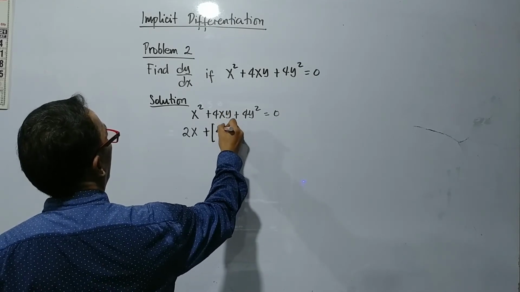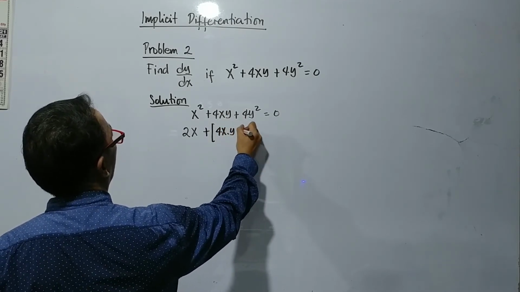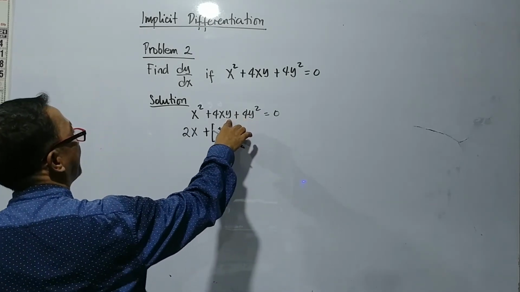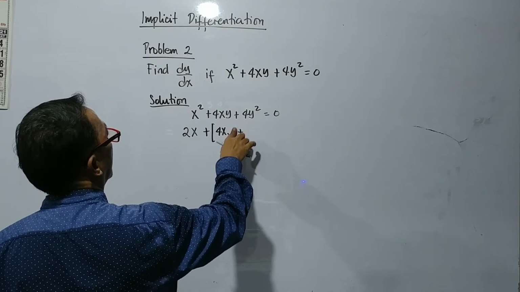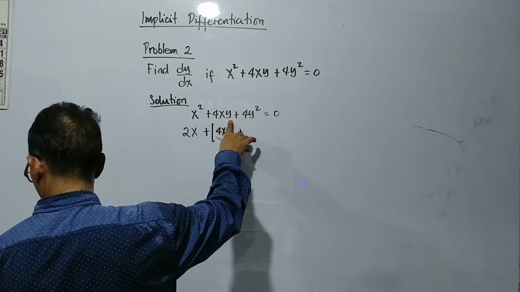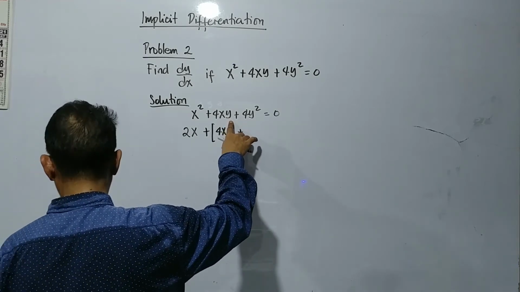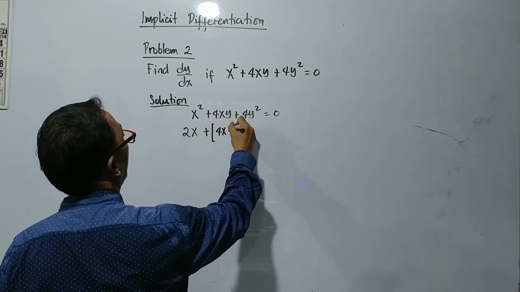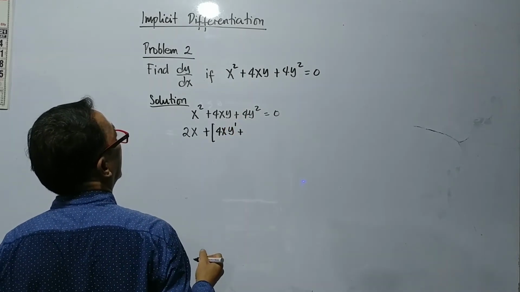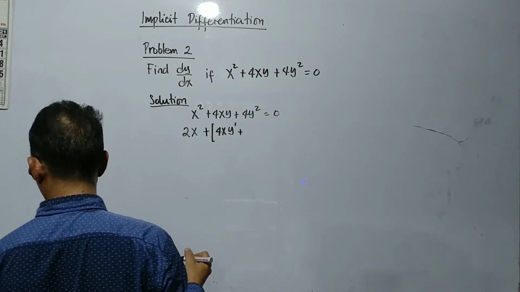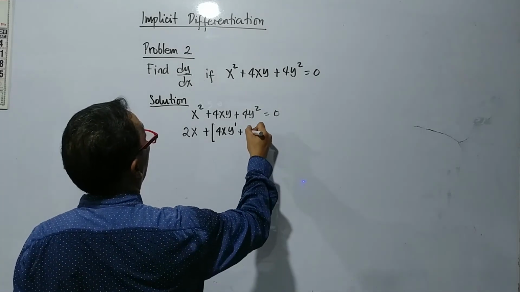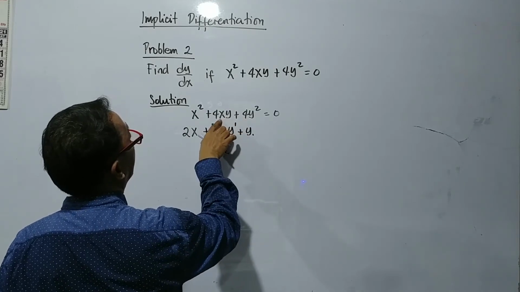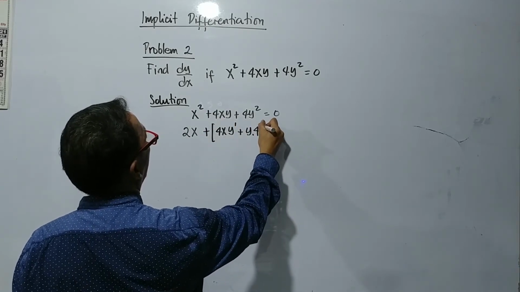So we have 4x times y prime, plus copy the second, y, differentiate the first, which is 4.